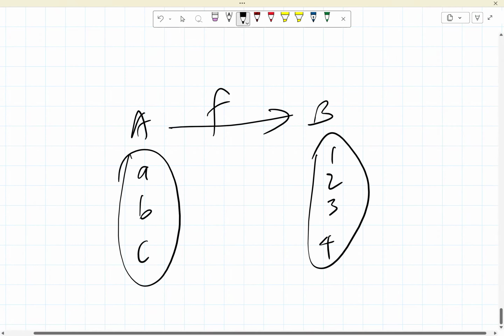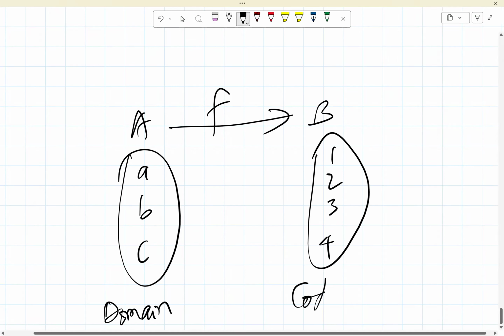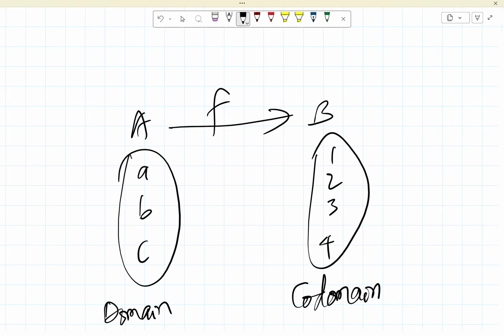So for a function to be established in the first place, every element here must have something in the codomain. So this is the domain, and this is the codomain. So for injectivity, A is mapped to 1, B is mapped to say 4, and C is mapped to 2.